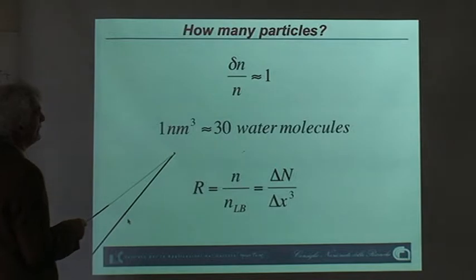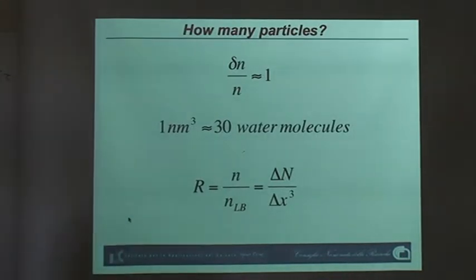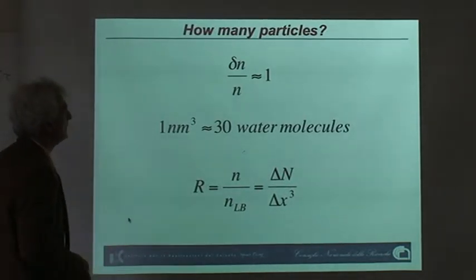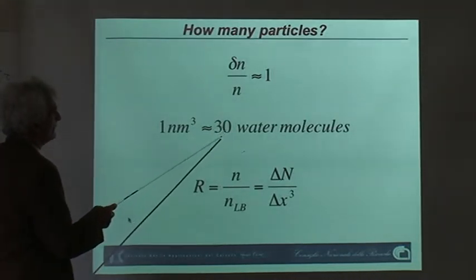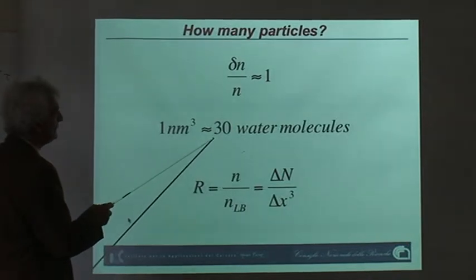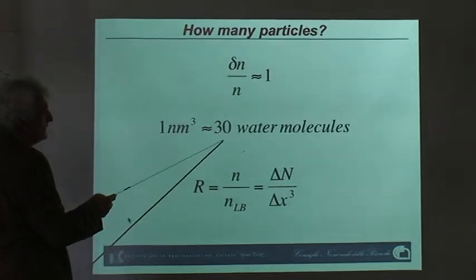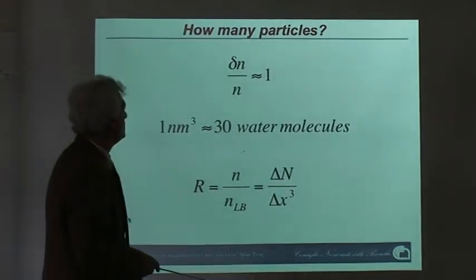So if you bring Lattice Boltzmann down to delta x of 1 nanometer, which is a typical delta x when you put Lattice Boltzmann into the nanoworld, then you might argue that delta n over n, with delta n being the square root of n, gives a sensible fluctuation; square root of 30 is fine.